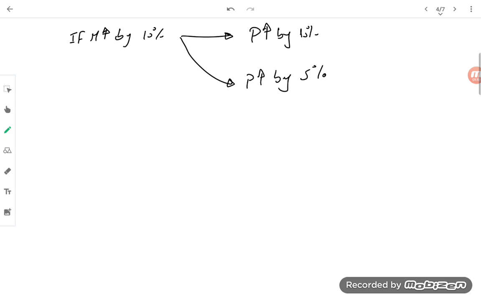What are the main reasons for demanding money according to Keynes? People demand money for three main purposes, or three main motives.